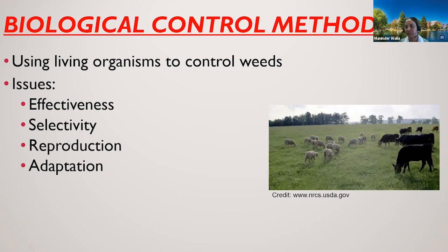Then selectivity is another issue. Sometimes a biological control is introduced to combat a weed infestation, but then the animal or the disease chooses another non-target plant to attack. And then reproduction: many biological controls are introduced, but they do not stay in place and they do not reproduce over time.